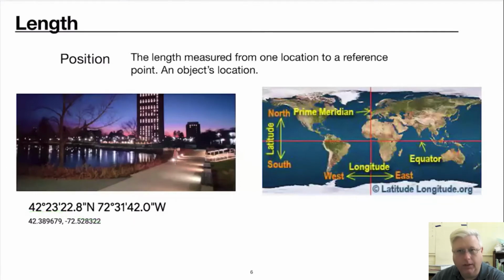And so we understand the latitude and longitude, and it's very precise, but essentially 42 degrees north and 72 degrees west. But if we're going to use north and west, we have to reference some zero point.